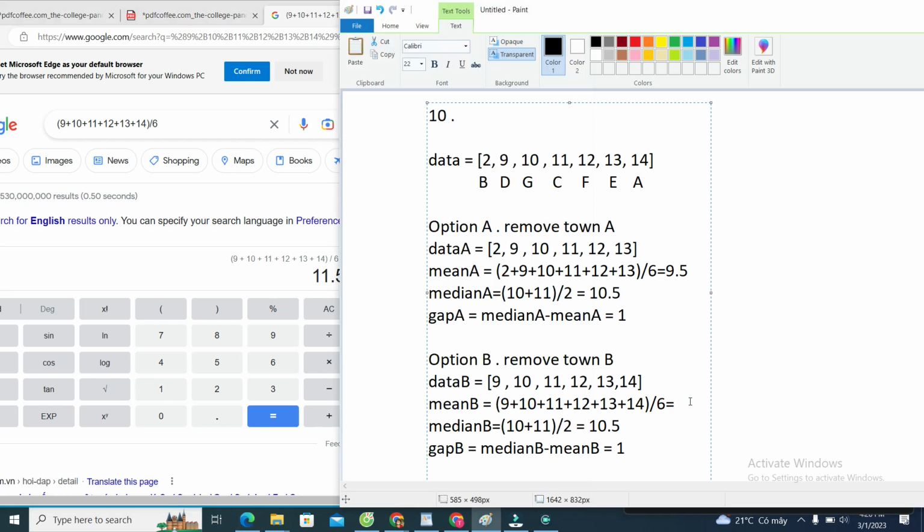In this case, the median is going to be the average of 11 and 12, so this actually returns 11.5 as well. So we can see that the gap of B, median B minus mean B, is equal to 0, and I think this is as close as a gap could be.